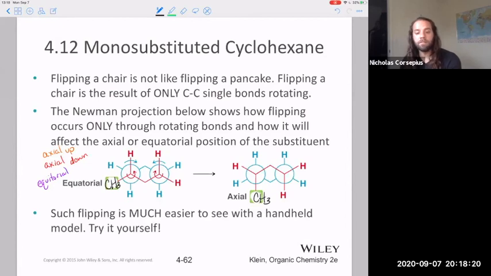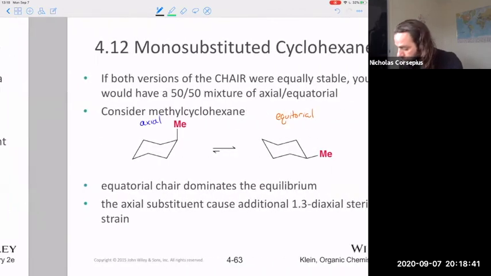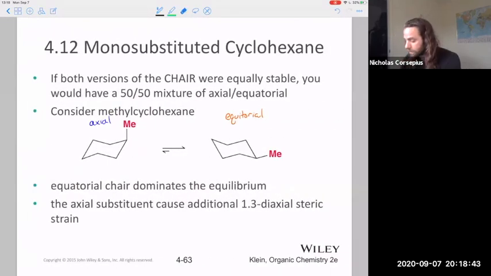Which one seems to have less stress going on? You can hopefully see that your axial position here is going to have more strain because of that methyl group in the axial position, whereas over here, in the equatorial position, that methyl group just has a lot more room.